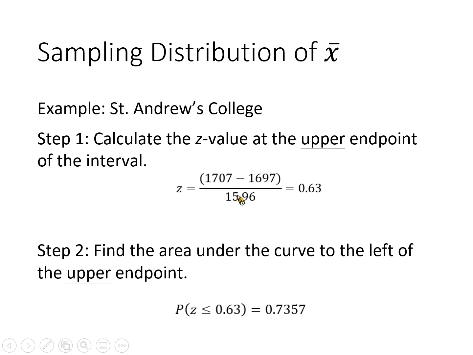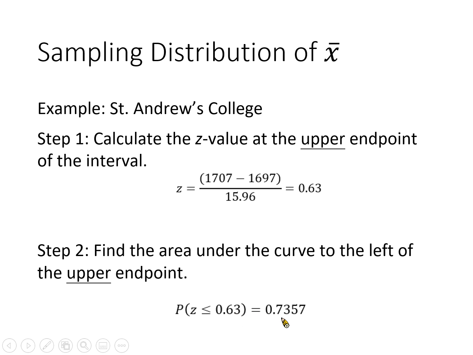So the first thing we will calculate is the upper endpoint of the interval. We will use the formula we learned before our midterm exam: the z-value equals the upper value minus the x-bar, divided by the standard deviation of the sample. So you will get the z-value is 0.63. Then you need to use your table to find the probability of the z-value less than or equal to 0.63.